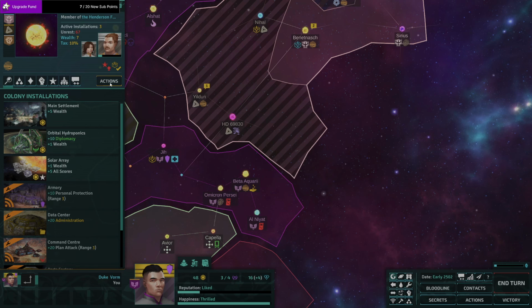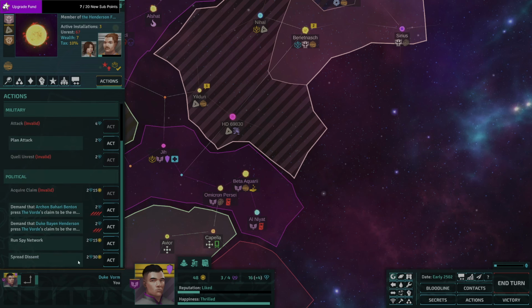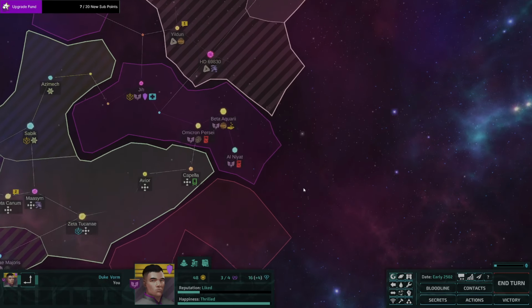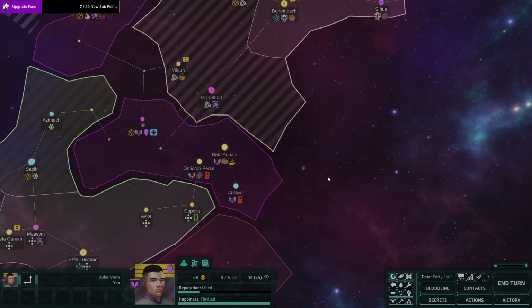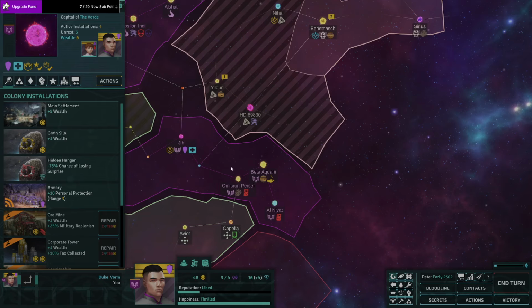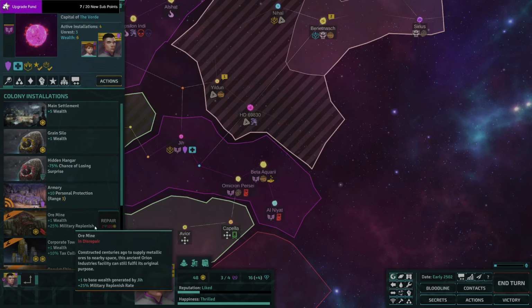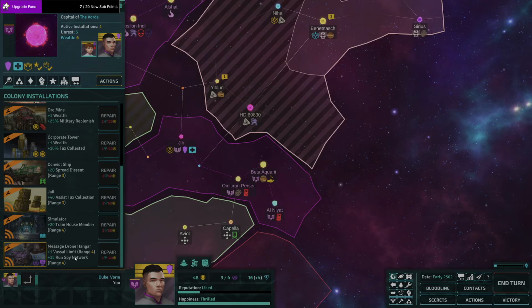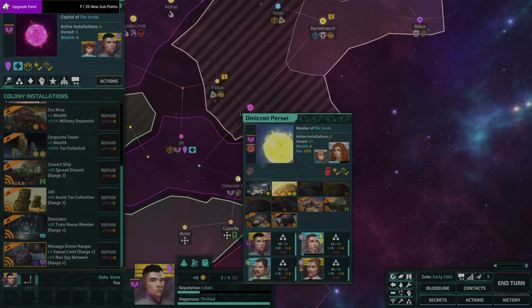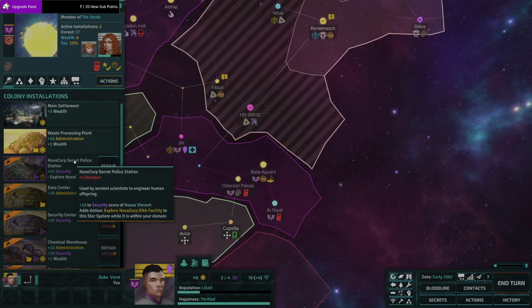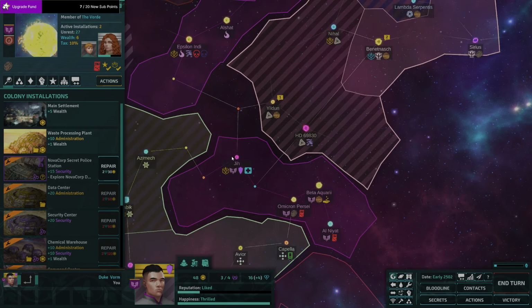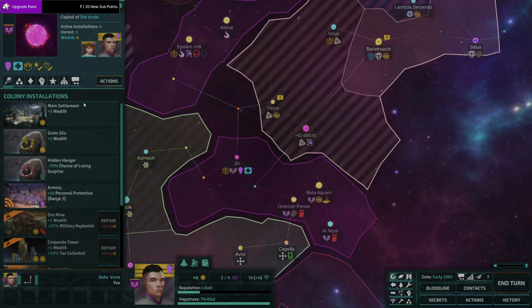But again, if I try to start a spy network or spread dissent, we've got to have somebody to send over there, which means I have to untask somebody. Yeah, we have the new installation. No, not in Jin. We got that new installation in Omicron, the Nova Corps Secret Police Station. G has not changed.